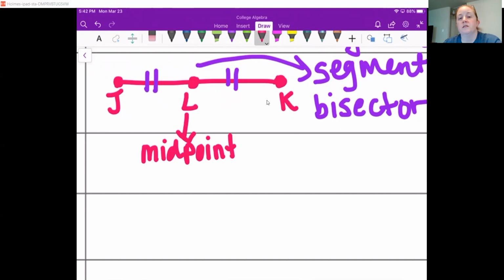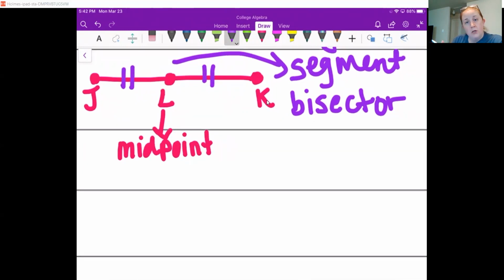Now, a couple of things come with knowing where your midpoint is. Those dashes are what we call congruent marks. Okay, just like parallel has its own markings, perpendicular has its own markings. To show that two things are equal or identical, we have congruent for that, and they have their own marks.